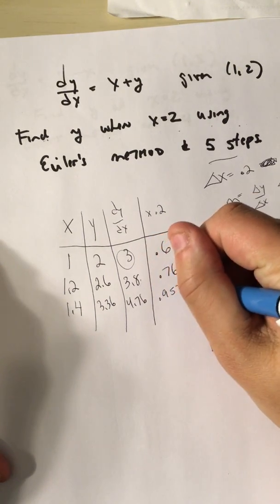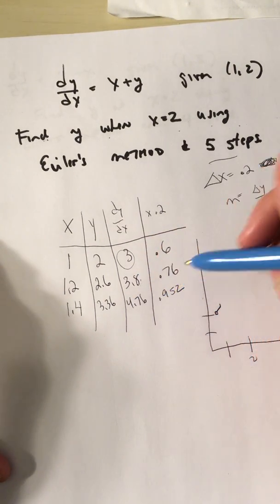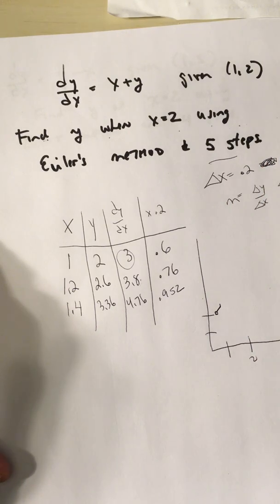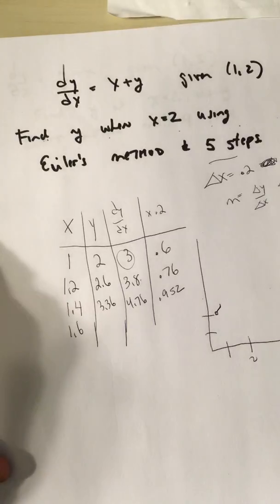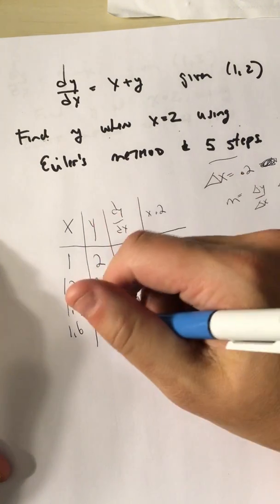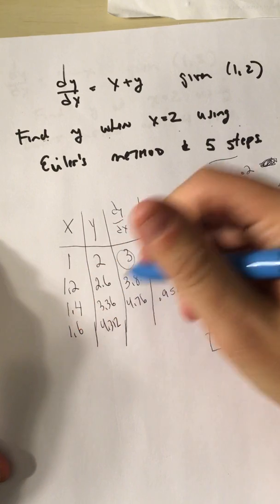That's going to tell me my delta y given a delta x of 0.2. So now when I go up to 1.6, 3.36 plus 0.952 is 4.312. Add those up.